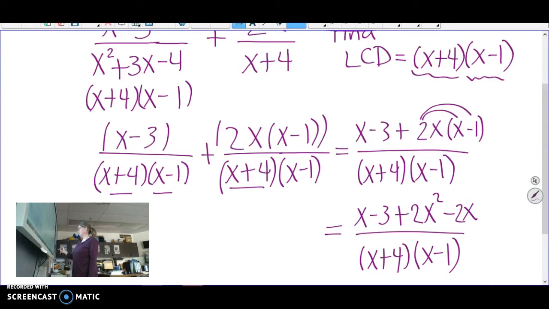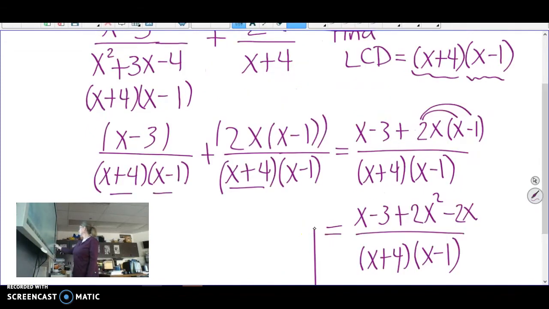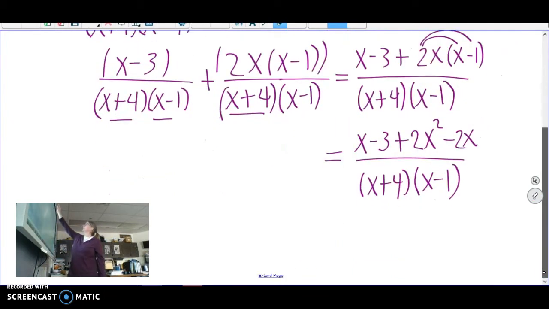Okay, combining like terms, I have x and I have a minus 2x. But I want to write this in descending order, so I'm going to put this term first.